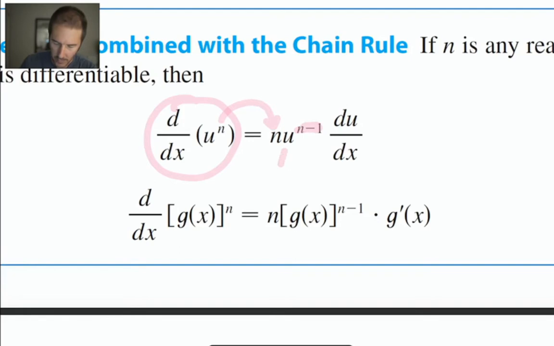The u stays the same, but then the chain rule says you have to multiply by the derivative of the inner function. So there it is. We're taking the derivative of u with respect to x. And then all of these components match up to the next line below it.